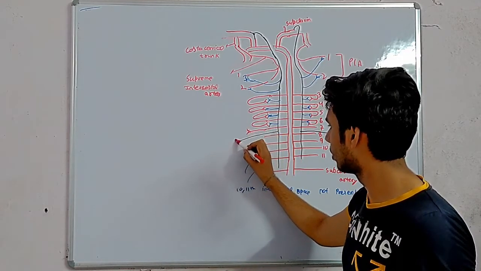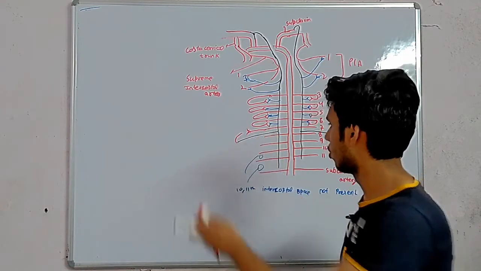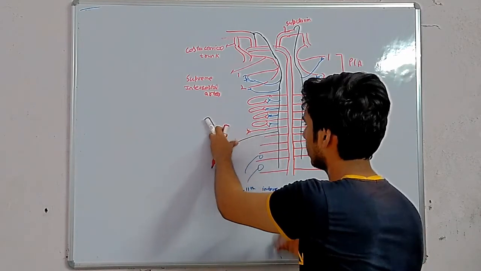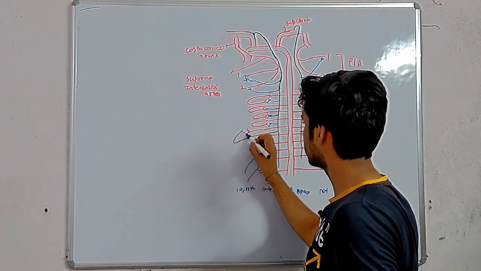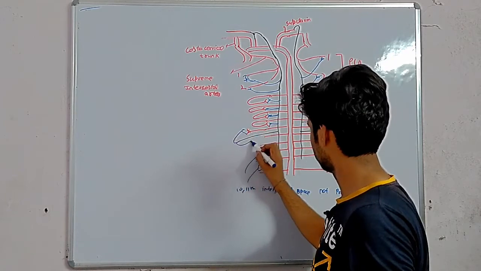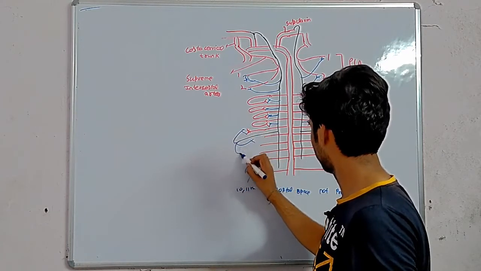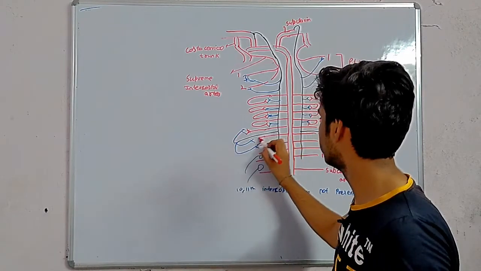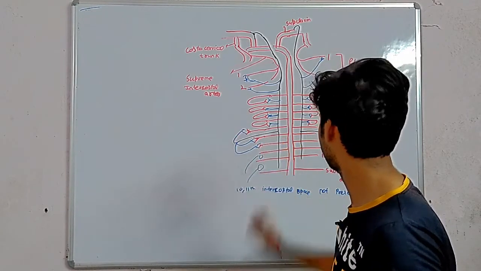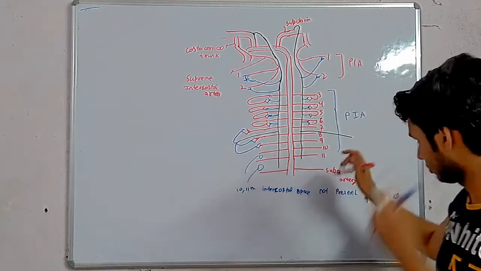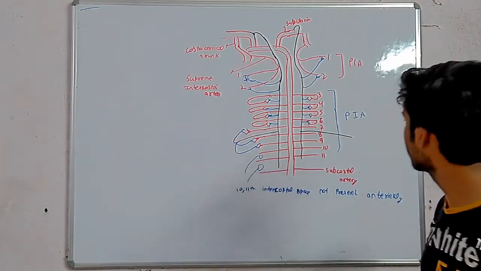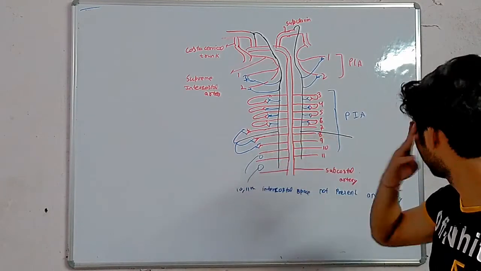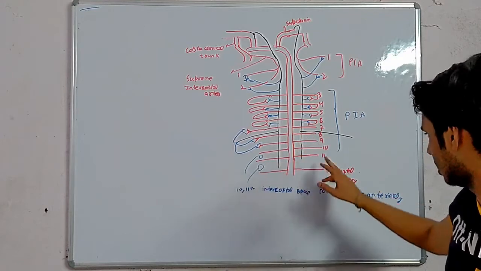A branch of the musculophrenic artery anastomoses with this, up to the 9th and 10th intercostal spaces. Then the 3 arteries, 7, 8, 9 and 12.